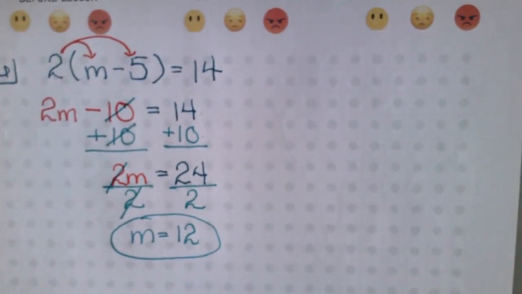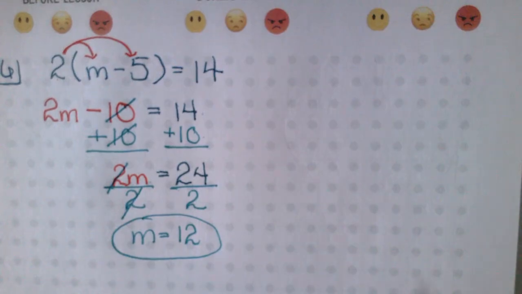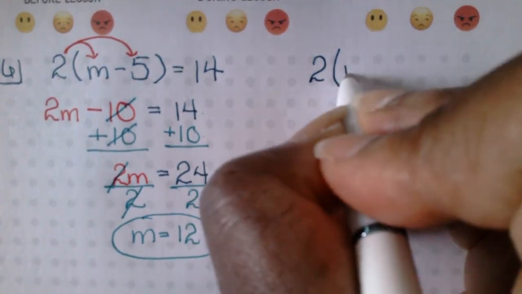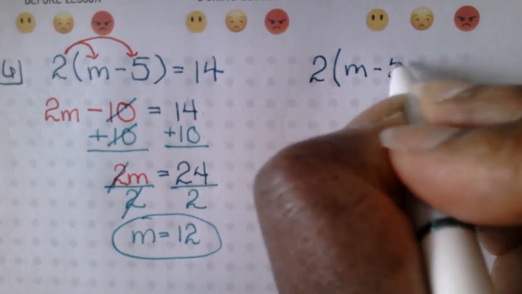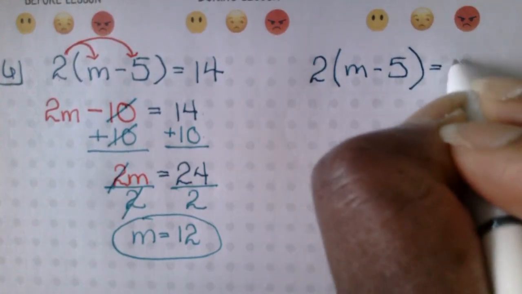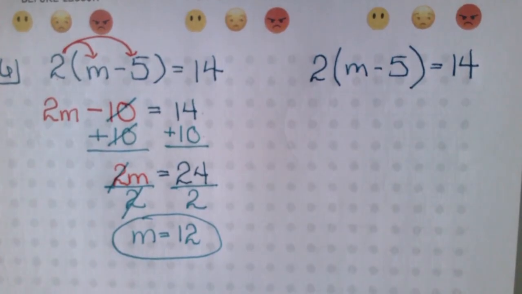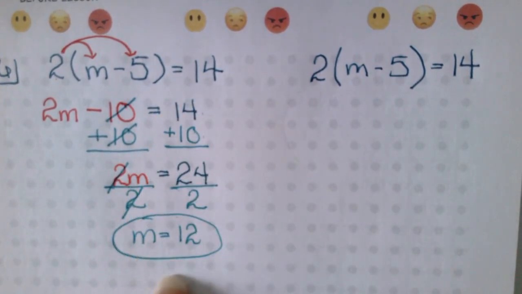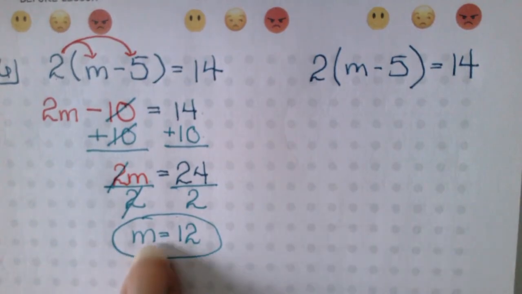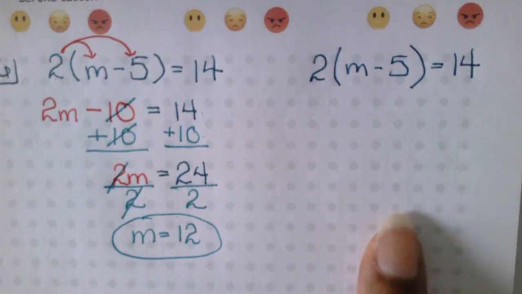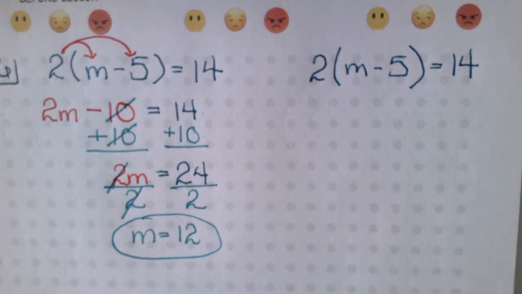Now, like I said, there's 2 ways of doing this. Or there's more than one way of doing this, actually. But I like to show just 2. Now, if we do the distribution, this is what's called a multi-step equation. We can make this into a 2-step equation. Okay? So now let's take a look.